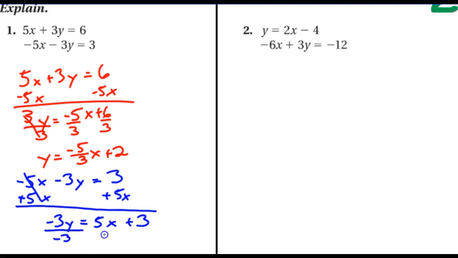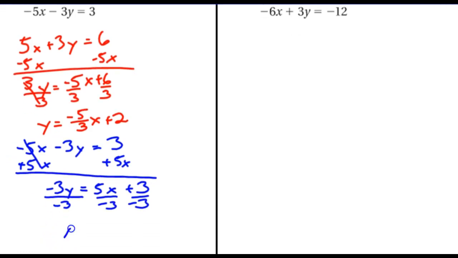We divide by negative 3. y equals negative 5x over 3 minus 1.